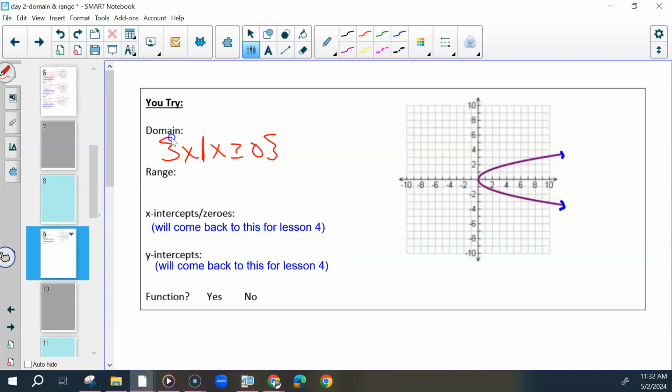So everything greater than or equal to 0. What about the range? This keeps going down and up, so it's going to be all real numbers. Questions on those two before we do the rest?